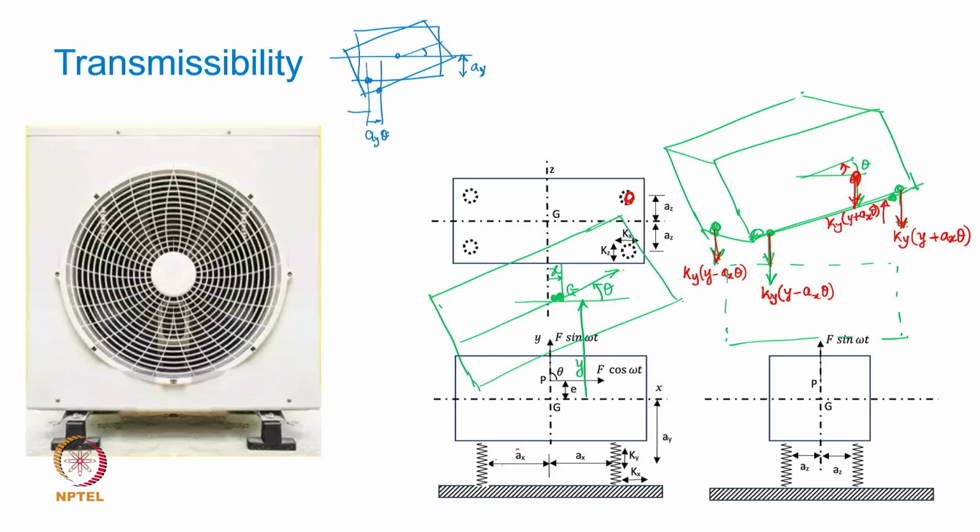The horizontal translational motion because of theta only is going to be ay into theta.